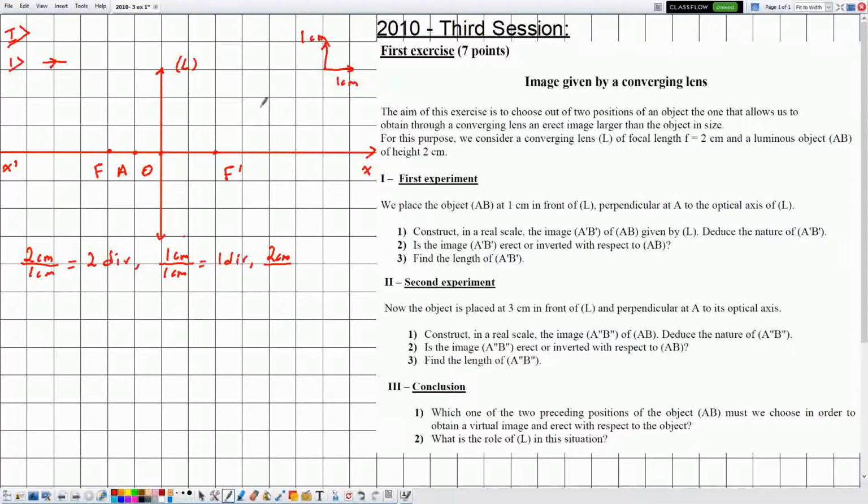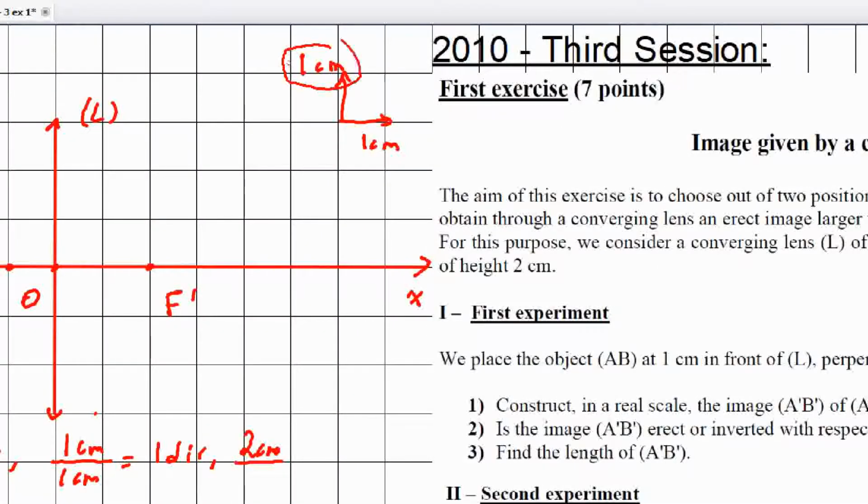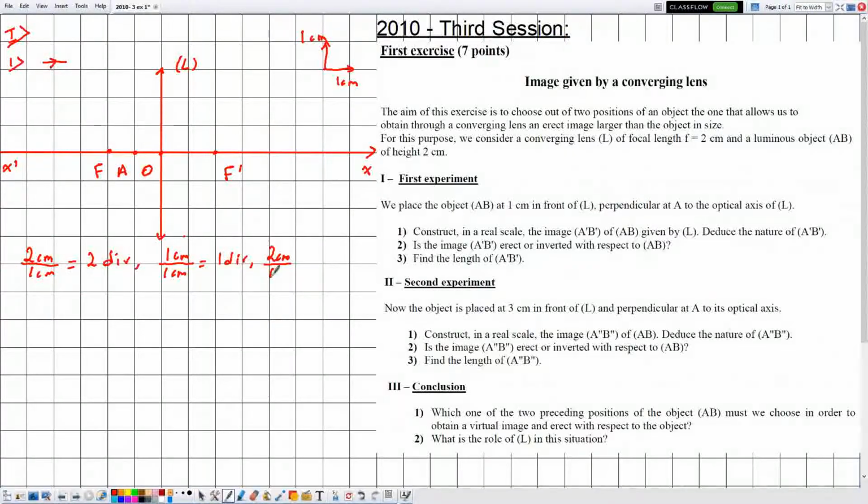Now we divide by the scale along the y-axis, which in this case is the same, 1 cm. It will give me 2 divisions. Then the point B will be located above A, 2 divisions upward. This is the point B, and we place a hat on the point B. Now let's trace the object.